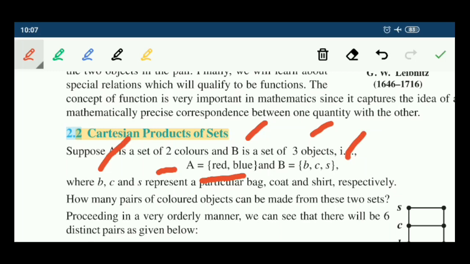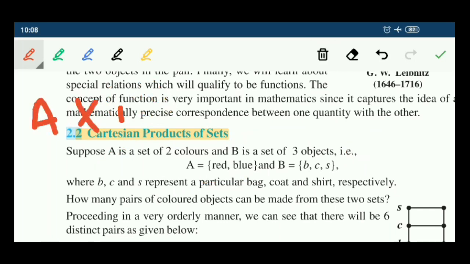Now what is the Cartesian product? First of all, the Cartesian product of A and B is represented by A cross B. What you will do here is make pairs.